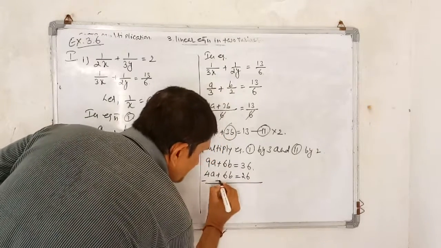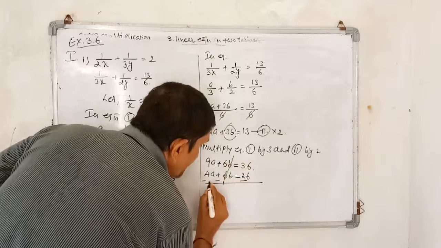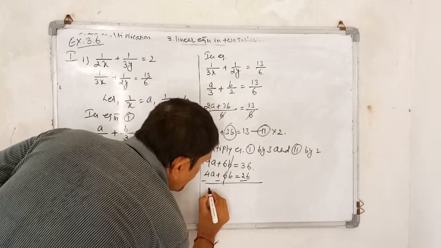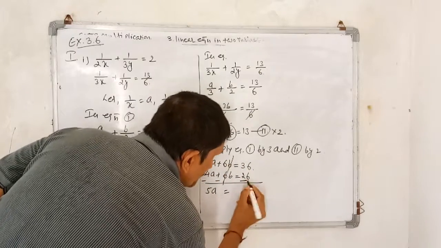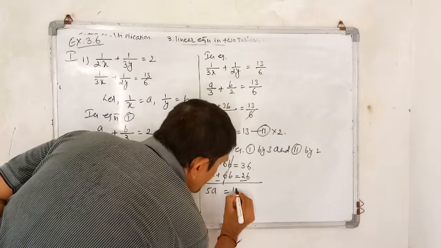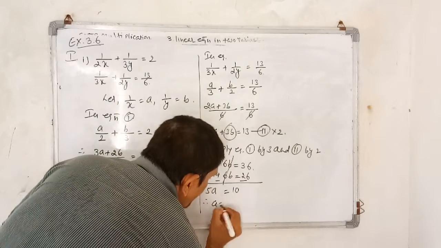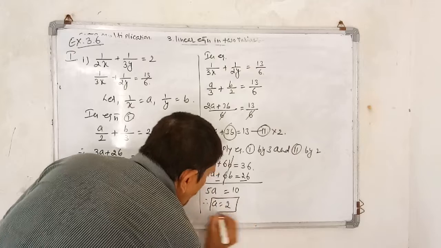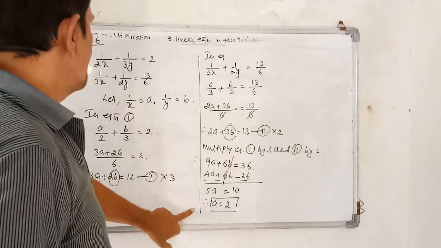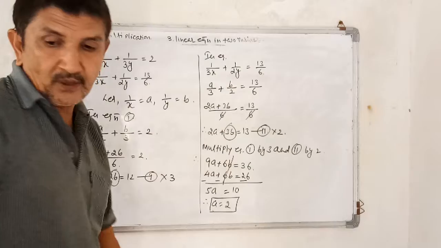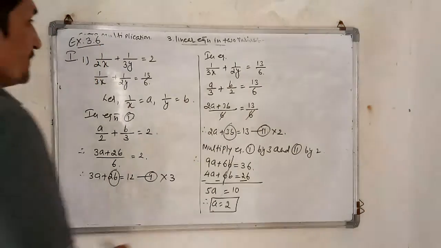Now change the sign. So 6b cancels, 9 minus 4 is 5a is equal to 36 minus 26, so it is 10. Therefore a is equal to 2. Replace this value in any of the equations.